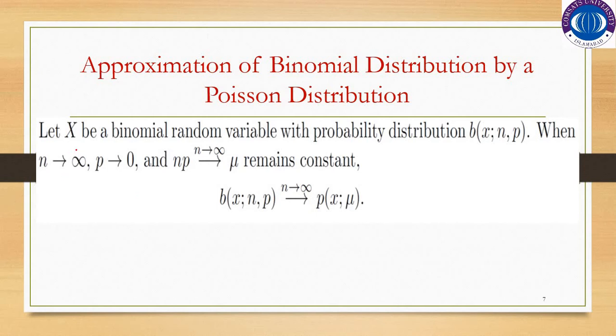So if x be a binomial random variable with probability distribution and the parameters n and p, when n becomes very large and p becomes very small, so the mean of the binomial distribution, which is n into p, is mu, remains constant. So then the binomial distribution will tend to Poisson distribution.